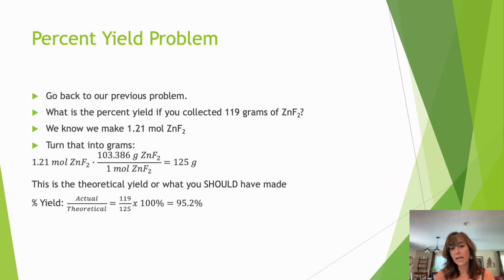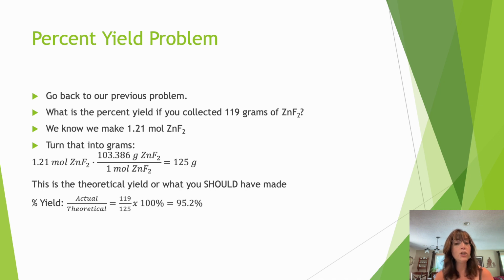So let's take a look at doing a percent yield problem. Let's go back to the previous problem we've been working with. What is the percent yield if you collect 119 grams of ZnF2? Well, we know we make 1.21 moles. We got that from the stoichiometry. Turn that into grams. You can see the stoichiometry there. You get 125 grams.